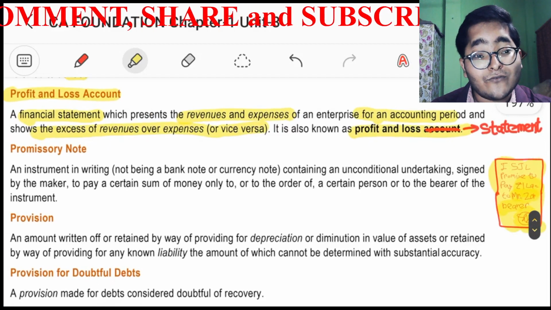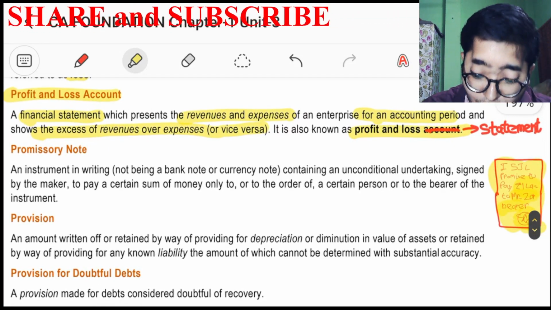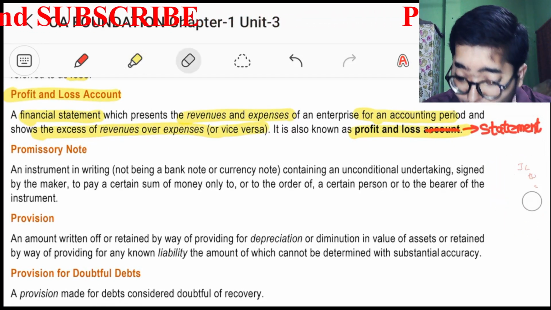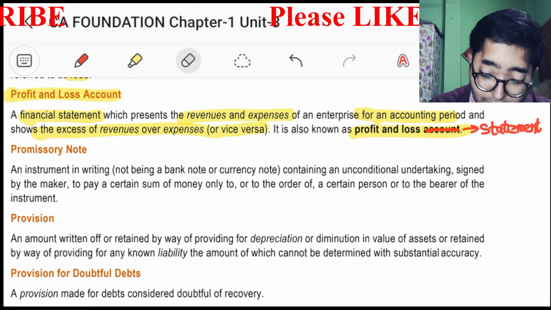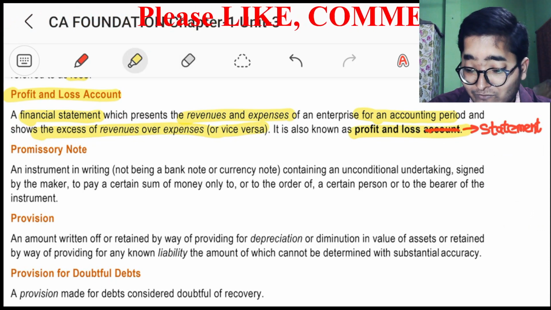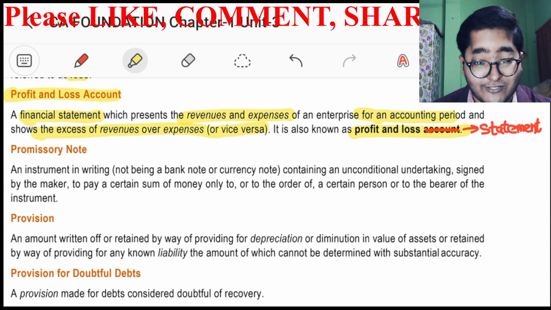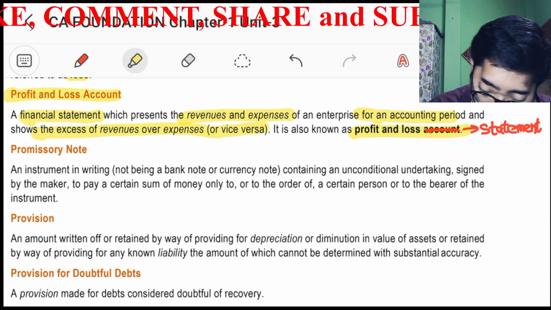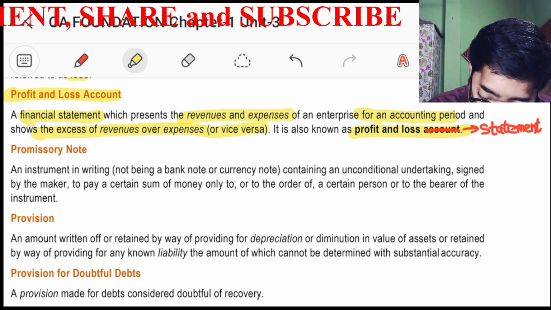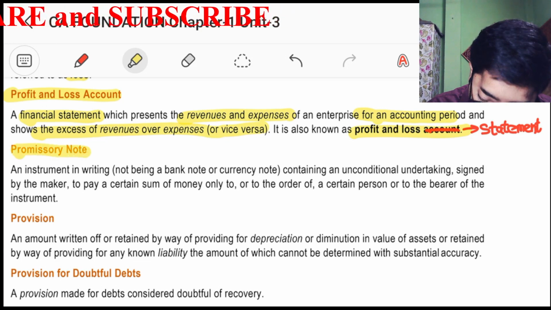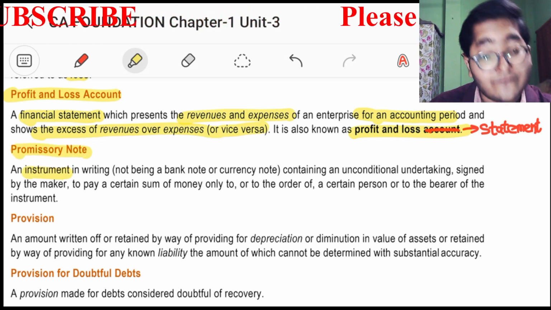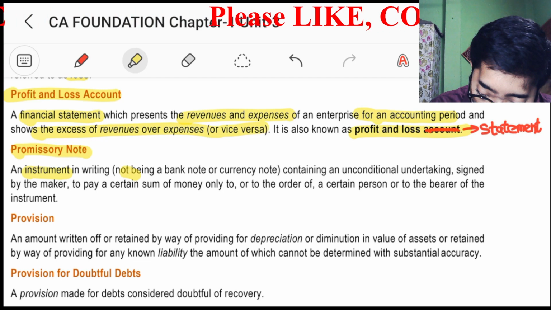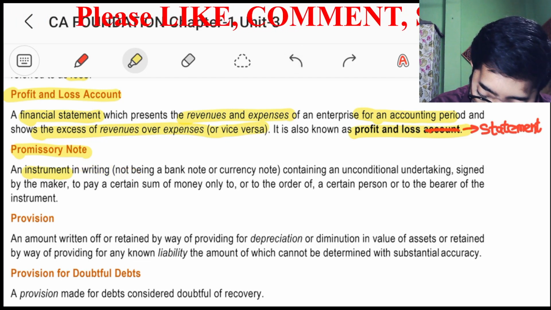The promissory note would be taught to you, or you would come across the term promissory note, in your CA foundation classes itself while learning about bills of exchange. So let us understand this. A promissory note is a financial instrument in writing. It must be in writing. It is mandatory.